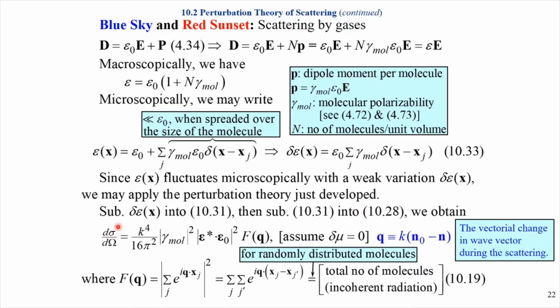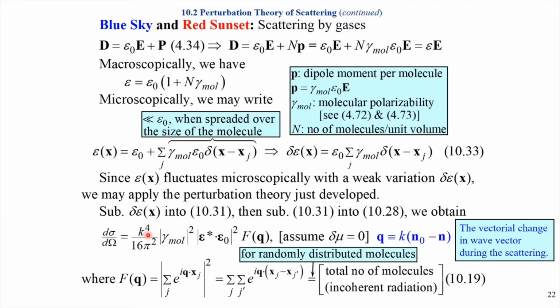That's the cross section per solid angle, the differential cross section, equals k to the fourth power over 16 pi squared, absolute value of gamma mol squared, times the absolute value of epsilon complex conjugate dot epsilon 0 squared, times F(q).